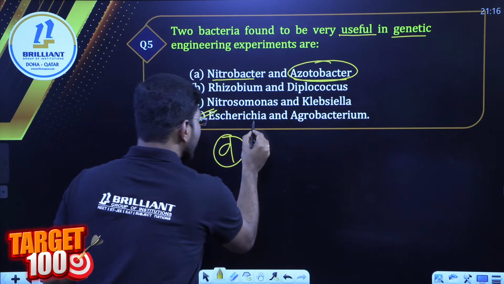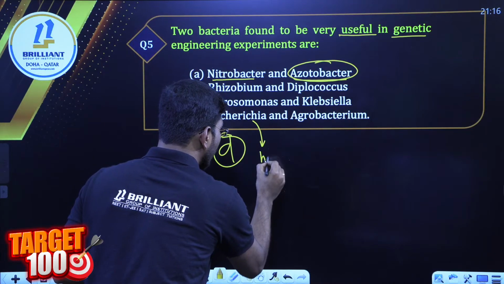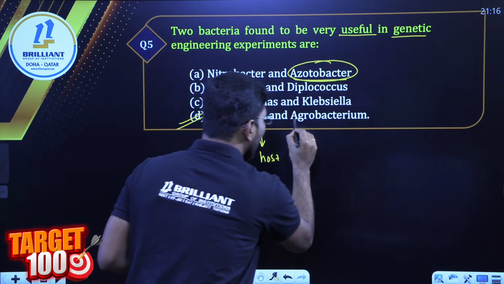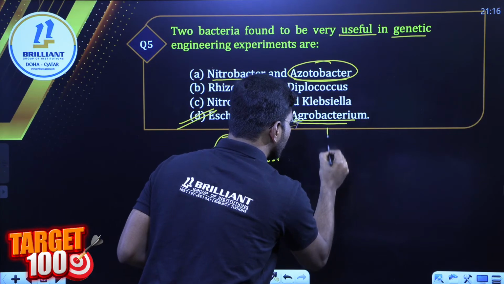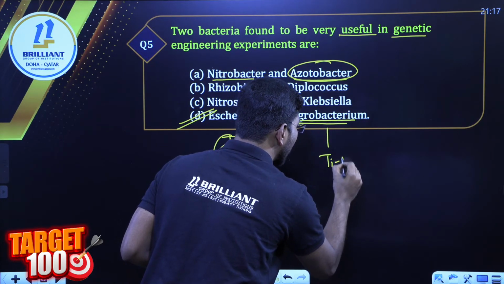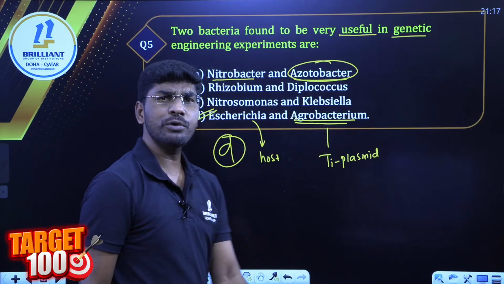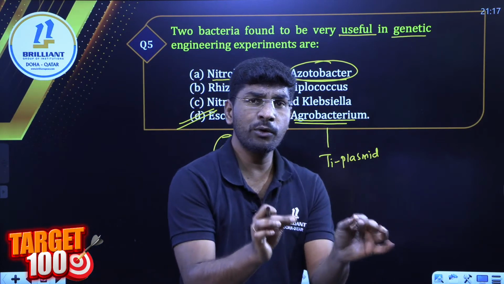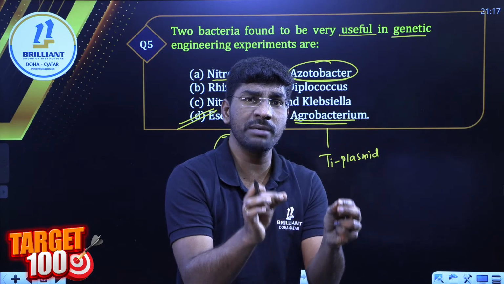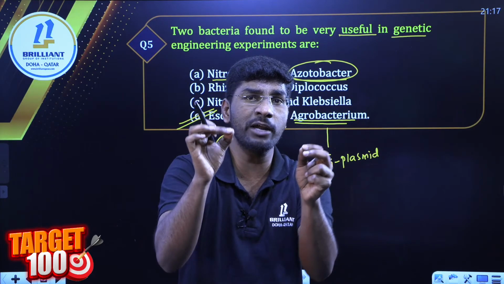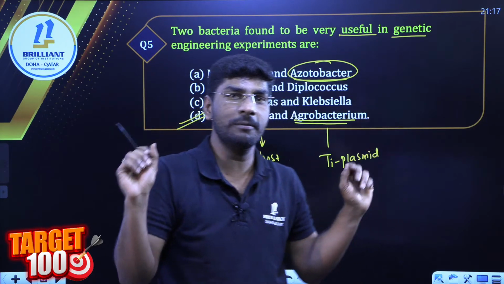So here Escherichia coli we can use as a host, right? This is the host. Agrobacterium tumefaciens can be used as a plasmid vector. Any one of you answer me? Agrobacterium tumefaciens can cause disease in dicot plants. What is the disease called?